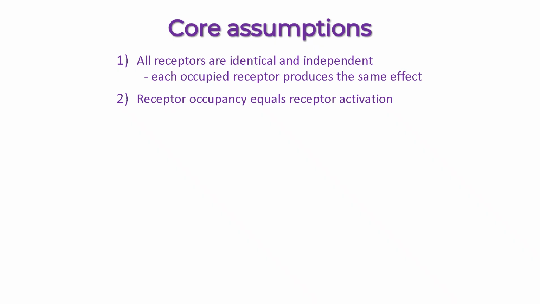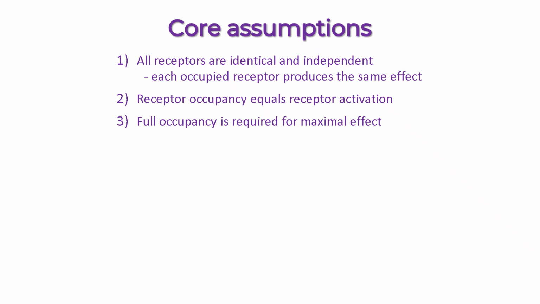When a receptor is occupied, it produces a fixed amount of signal, and effect is directly proportional to occupancy. Third, we assume that the system has no amplification. The maximum effect requires that all receptors are fully occupied. There are no spare receptors, no signal cascades, and no downstream non-linearities.